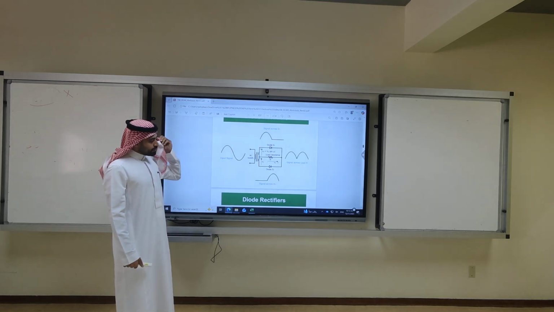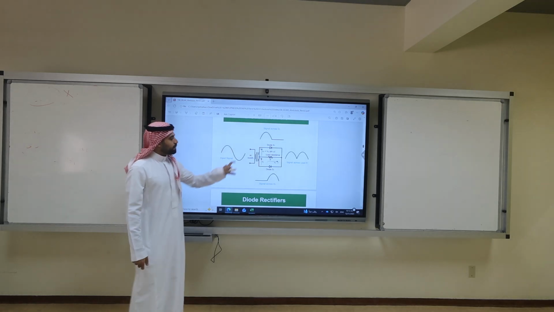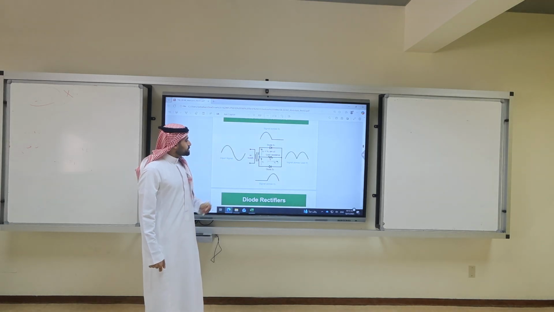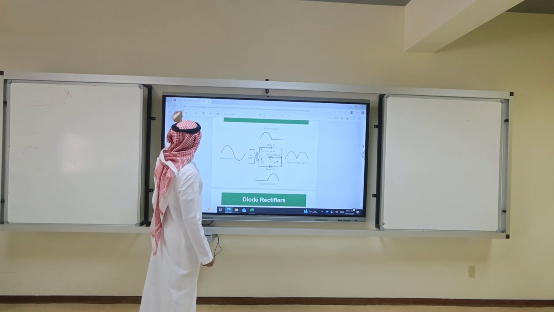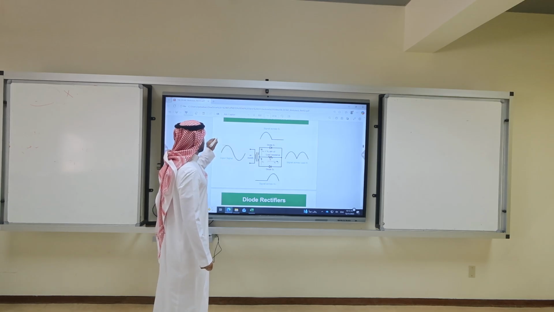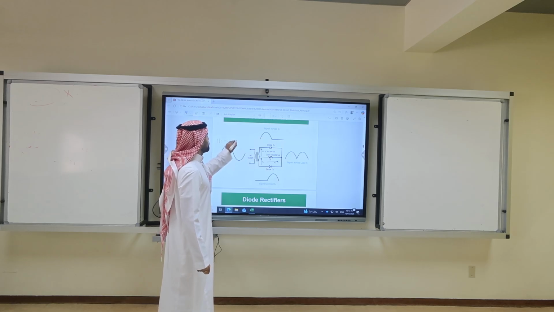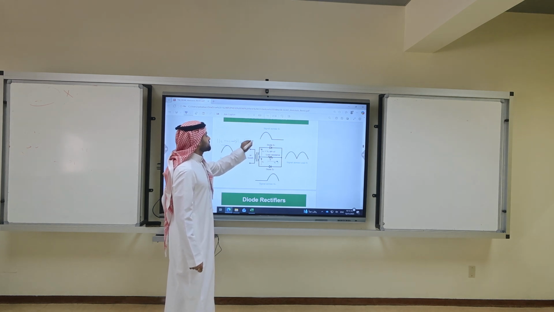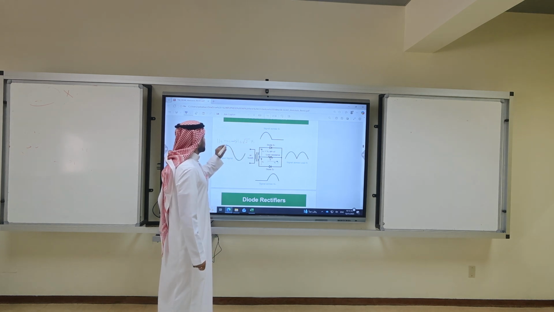The center tap, if I apply an input voltage here, let's say I apply 110 RMS, which implies 110 square root of 2 peak.